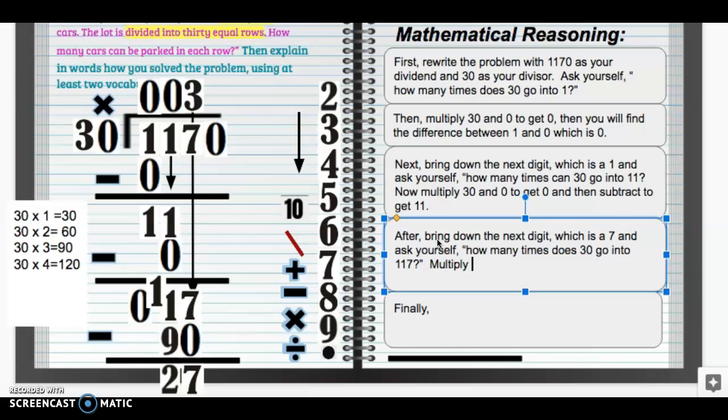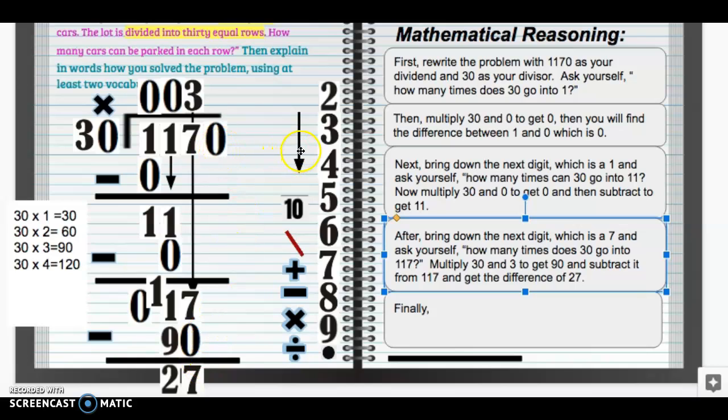Multiply 30 and 3 to get 90 and subtract it from 117 and get the difference of 27.